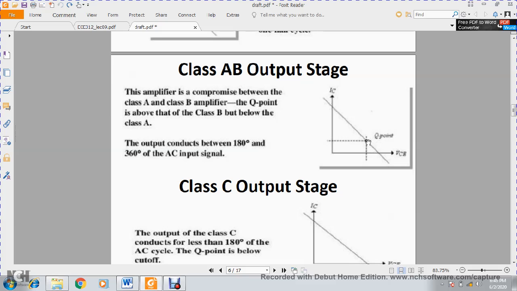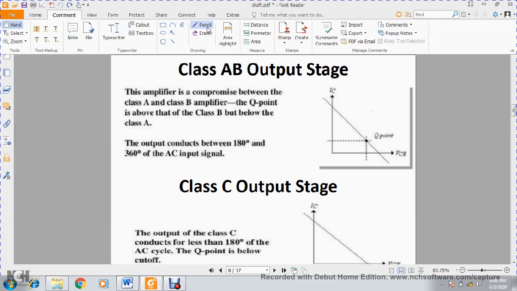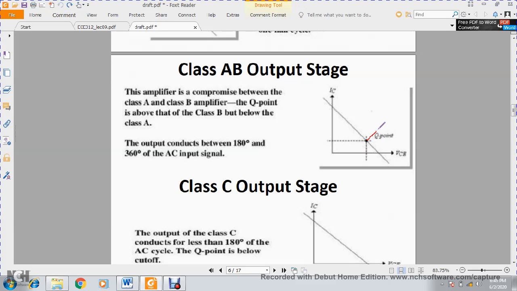And here the output signal is something like, let me show you. Say, for example, this is an input signal that you apply. What output you get is something like this, no problem.